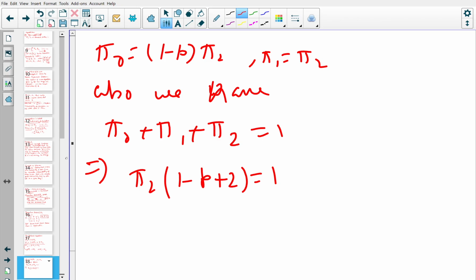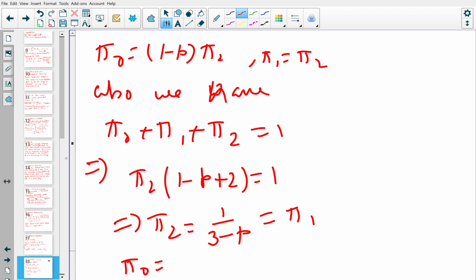That means 3 minus p, so this implies pi 2 equals 1 by 3 minus p. Okay, so this is again equal to pi 1. Now what is pi 0 then? Pi 0 equals 1 minus p by 3 minus p, right, from this equation.